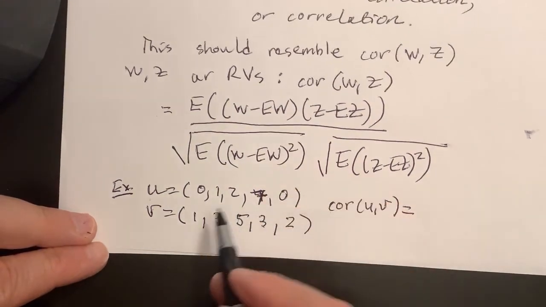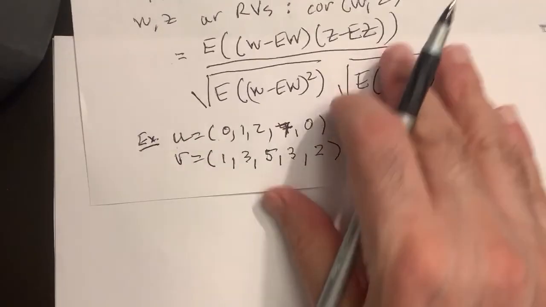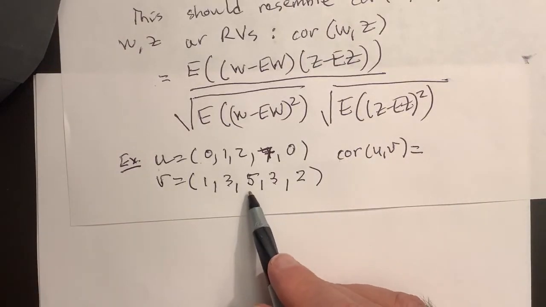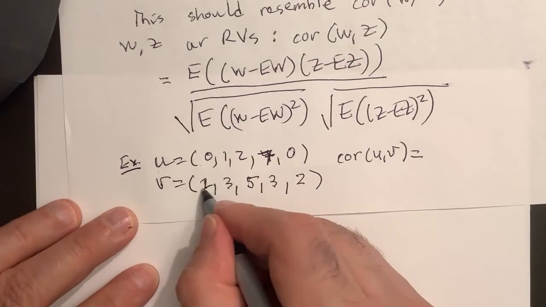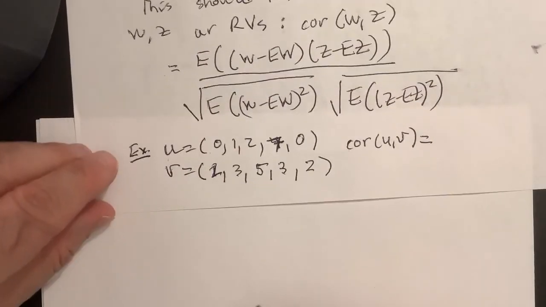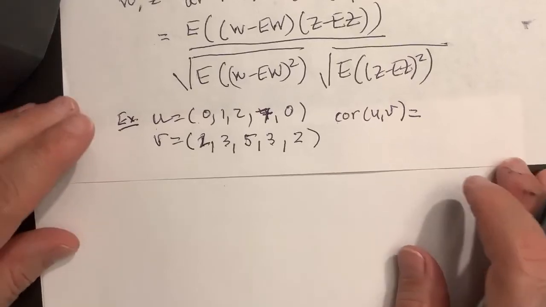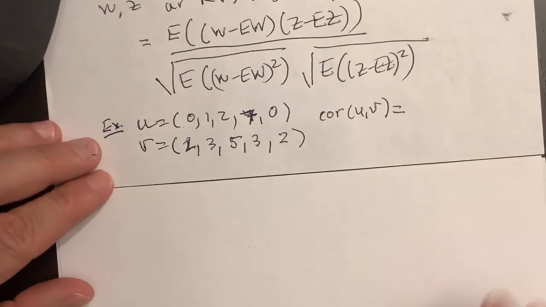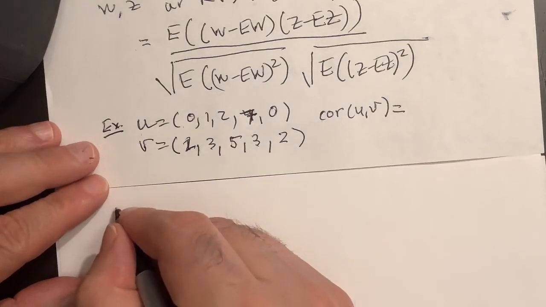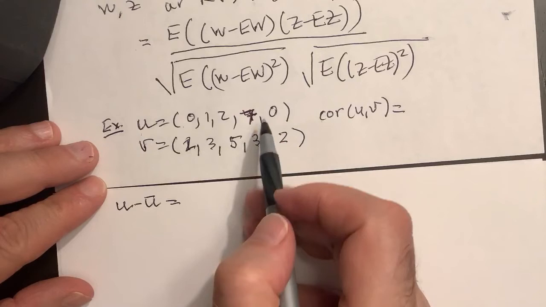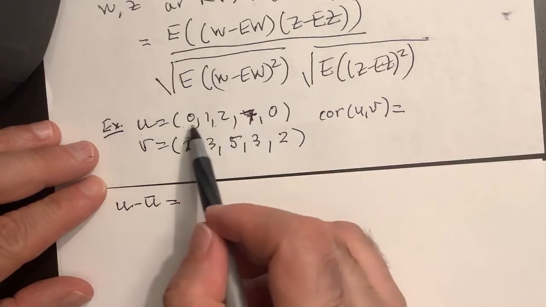Okay, so the mean is 2 there. And is this mean, let's see, let's make this 2. So the mean is 3 here. So if we make these changes here, what do we get? We get u minus u bar is equal to, let's see, 2, right?